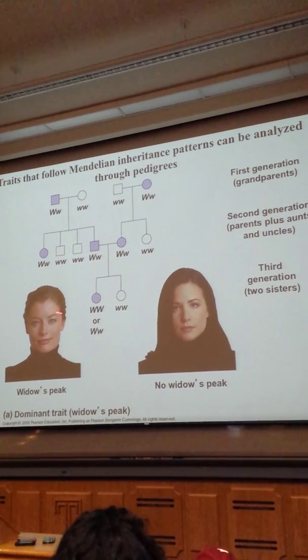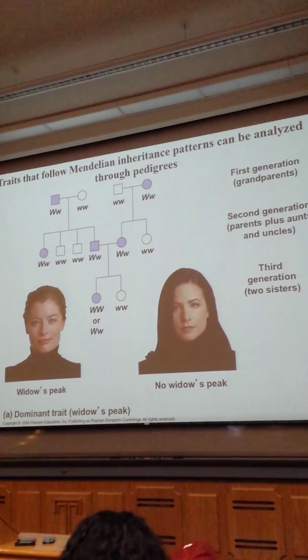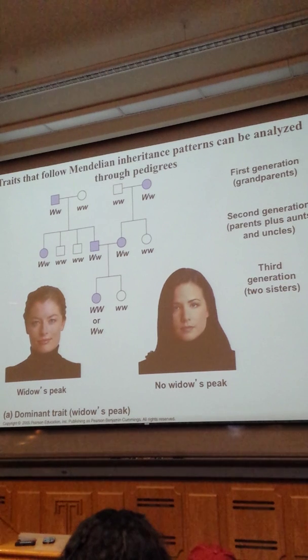For example, this is called a widow's peak. A widow's peak versus a smooth hairline. It's known that the widow's peak, this little point coming out here, seems to be dominant. If you have an allele encoding this, it's the pattern of hair follicle formation in fetal development.